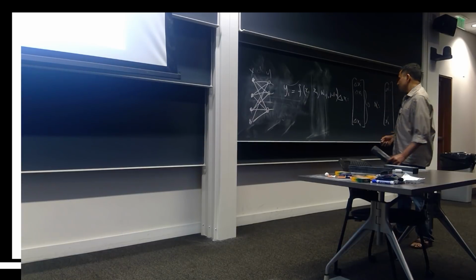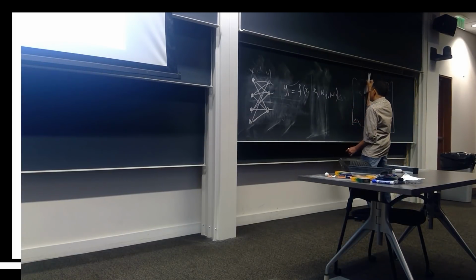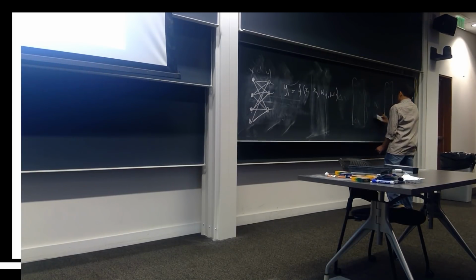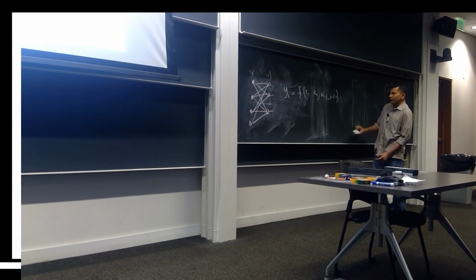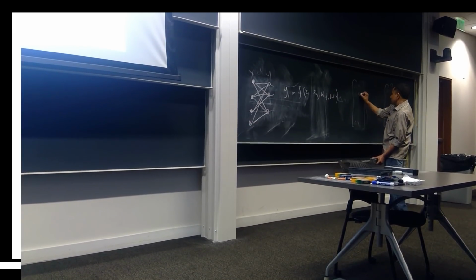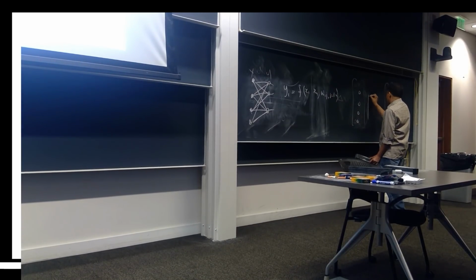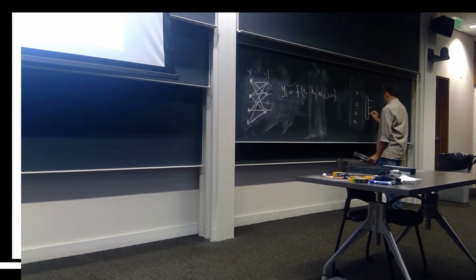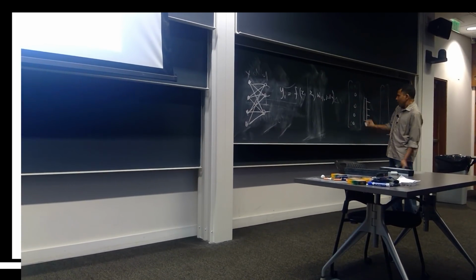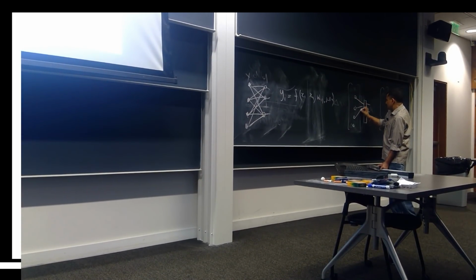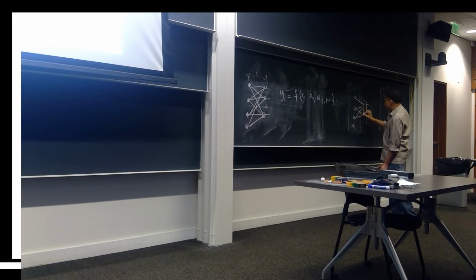Now let me draw a different function. I'm going to define a different function where there's the same setup. I have 4 inputs, but now I have a box and I have 3 outputs, and maybe I even have a peculiar bunch of connections like this.